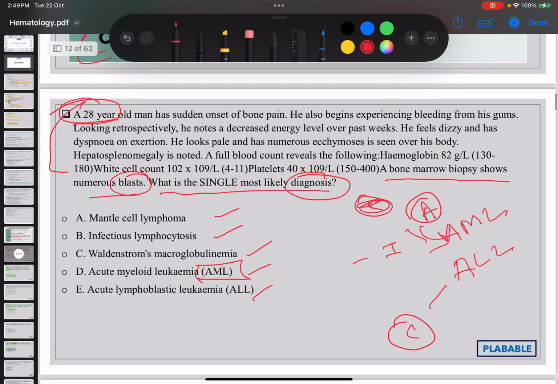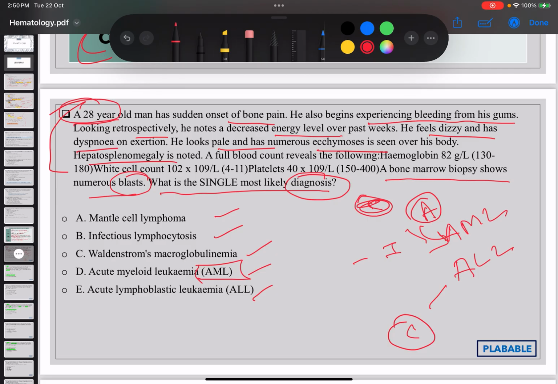You don't need to read all the information. They are just saying a middle-aged person has an onset of bone pain, experiencing bleeding from the gums, decreased energy level, which is fatigue, dizziness, dyspnea, pallor, ecchymosis, and so on.